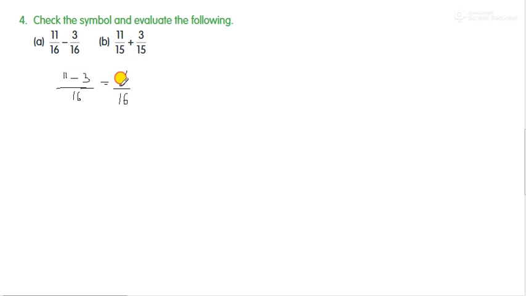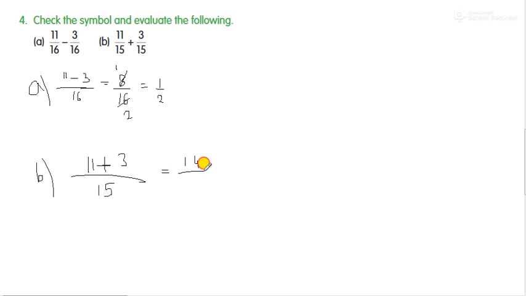So 8 ones are 8, 8 twos are 16. So equals 1 by 2. Next, the B bit is 11 by 15 plus 3 by 15. So the LCM is 15. Here 11 plus 3, so it's 14 by 15.